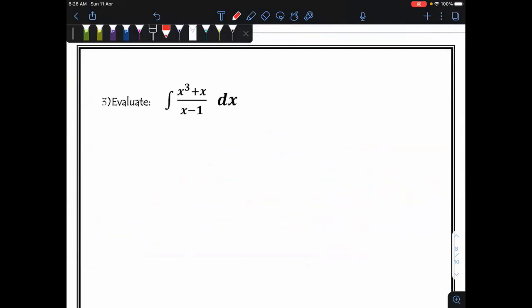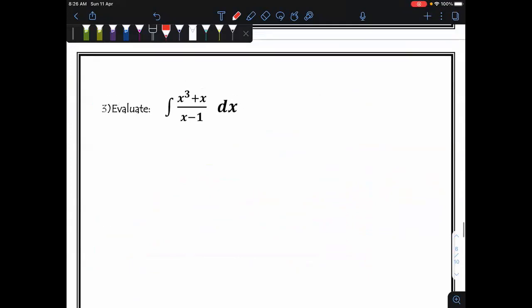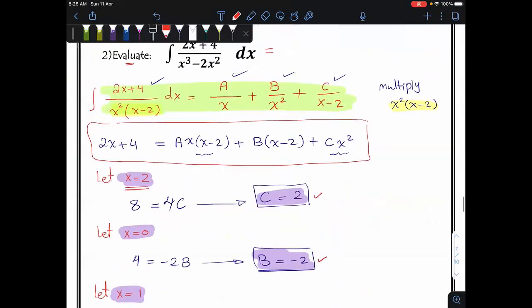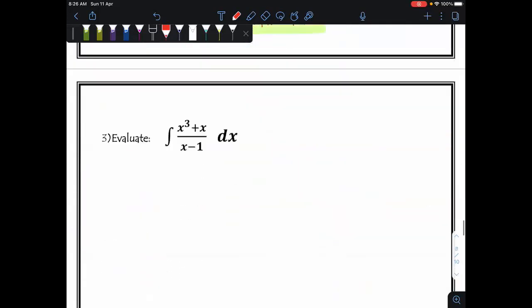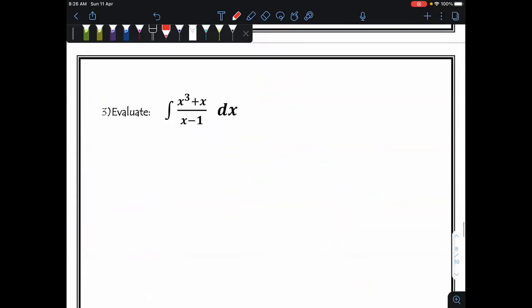But in question number 3, who has the idea of this question, guys? When the numerator has a degree that's greater than the denominator. If we check the previous question, we find the numerator had degree 1 and the denominator was greater, with degree 3. This time the numerator has a degree of 3 and the denominator has a degree of 1.